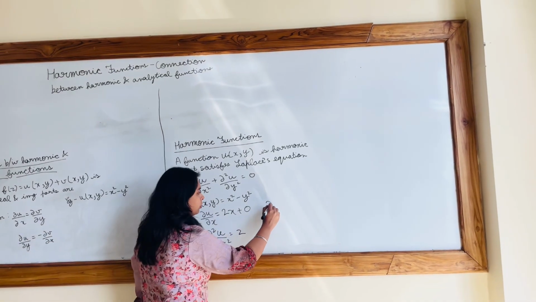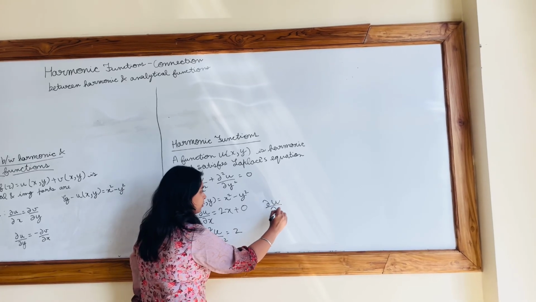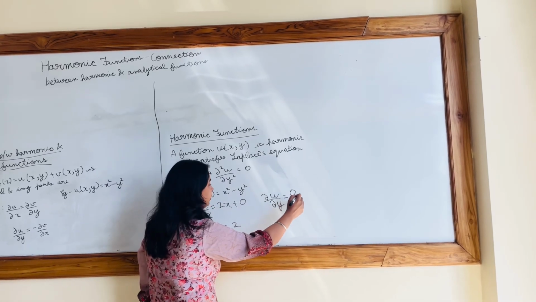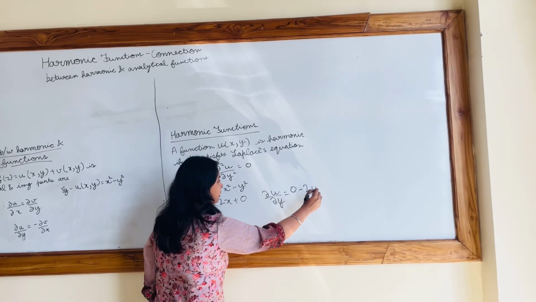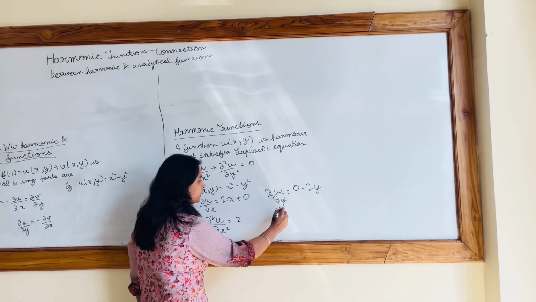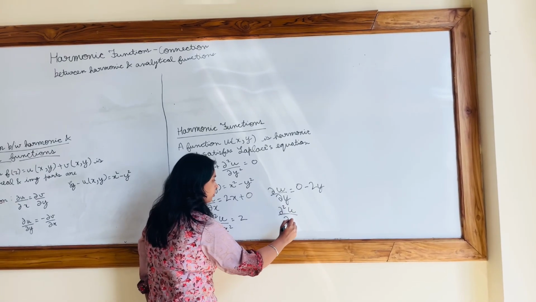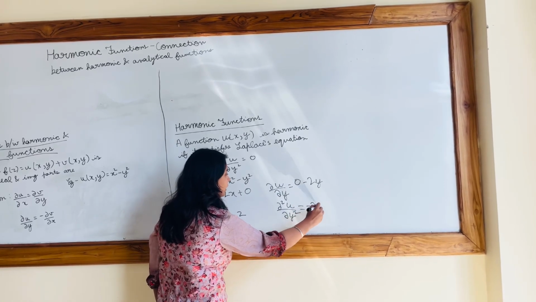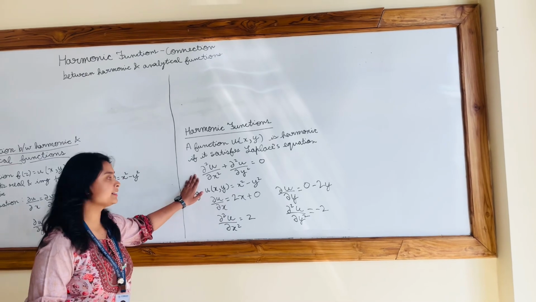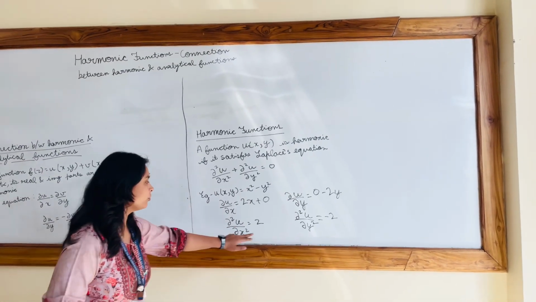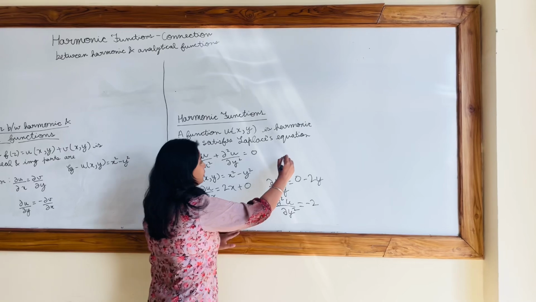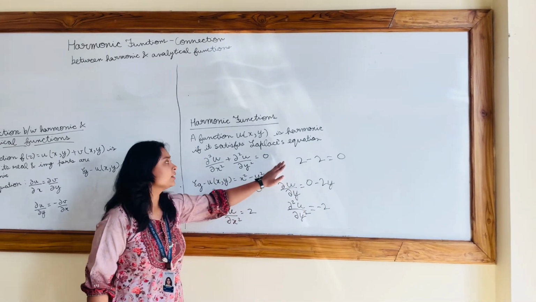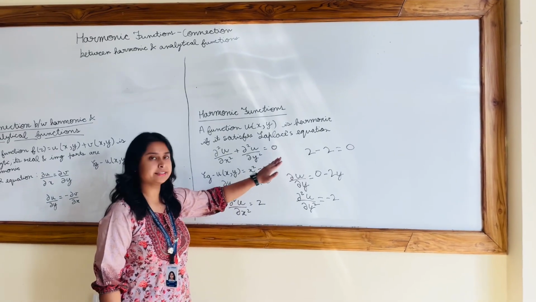Coming to dou u upon dou y, x here is constant, so it is 0 minus 2y. Doing the double differentiation, dou square u upon dou y square equals minus 2. As the Laplace equation says, if we put these two values in the equation, we get 2 minus 2 equals 0. Hence it satisfies the Laplace equation, so we know that it is a harmonic function.